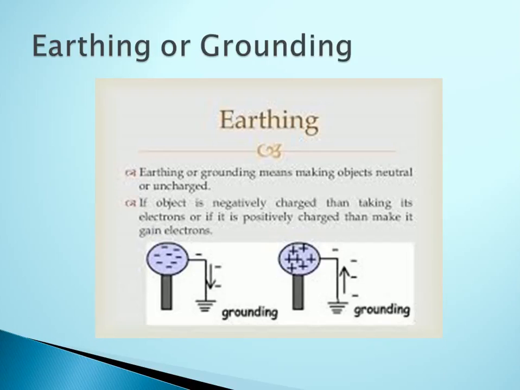So when a charged body is brought in contact with earth, all the excess charge on the body disappears and a current passes to the ground through the connecting conductor. This process of sharing the charges with the earth is called earthing or grounding.